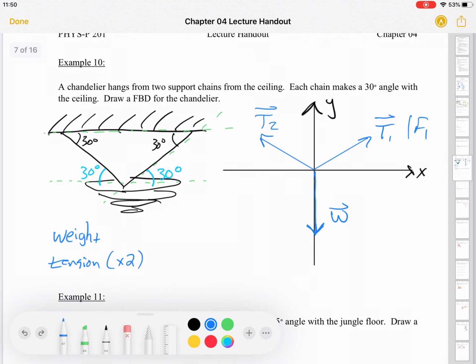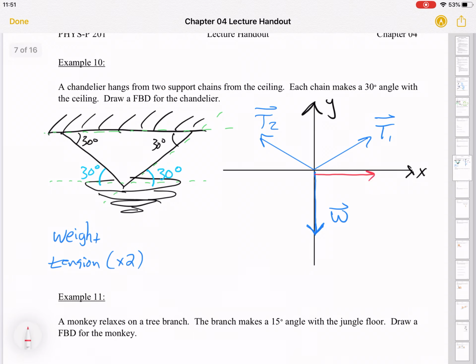And I don't like lots of subscripts, so if using F sub something is going to cause me to have to use multiple subscripts, I'll just drop the F. Okay, that's our free body diagram. That's it. I want to mention one thing I was careful about. You can see that T1 is going to break into T1x and T1y. Do you see that?